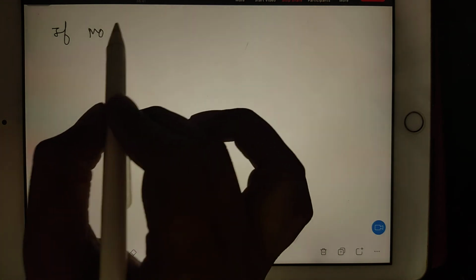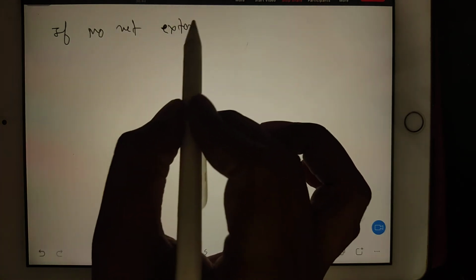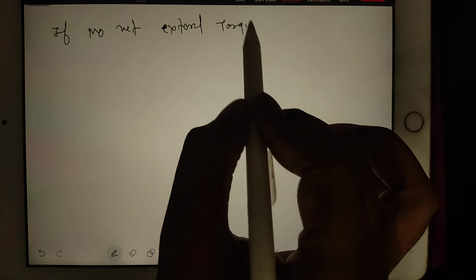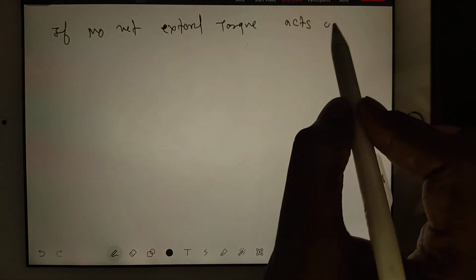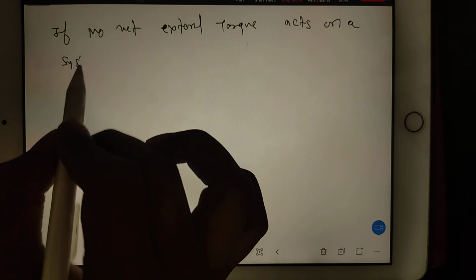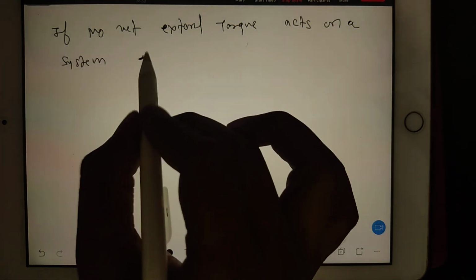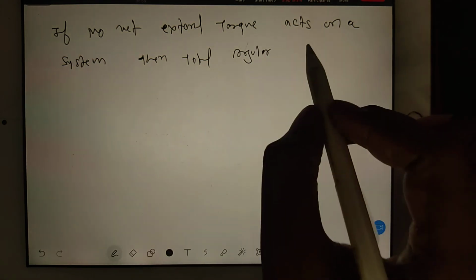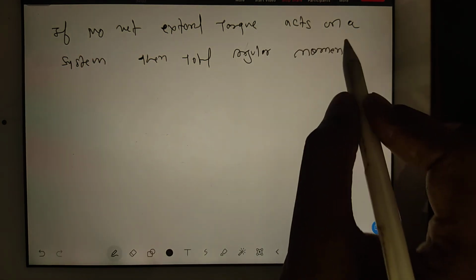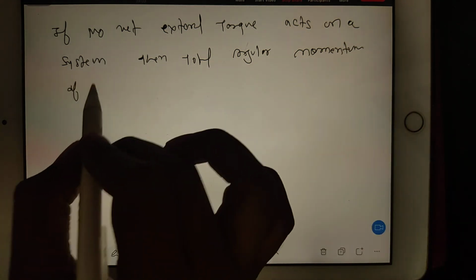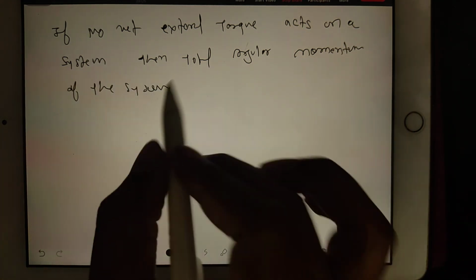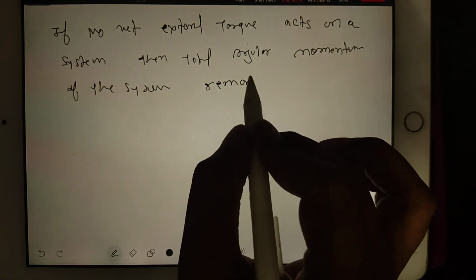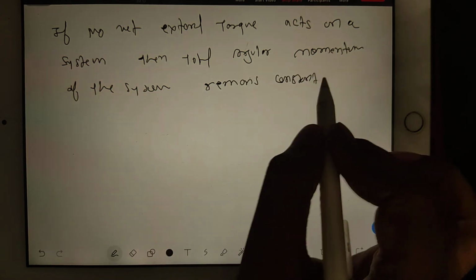So take down one important point here. I'm changing the page. If no net external torque acts on a system, then the total angular momentum of the system remains constant.